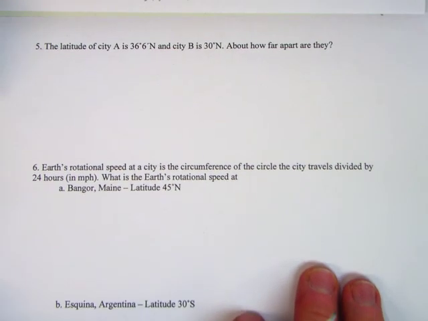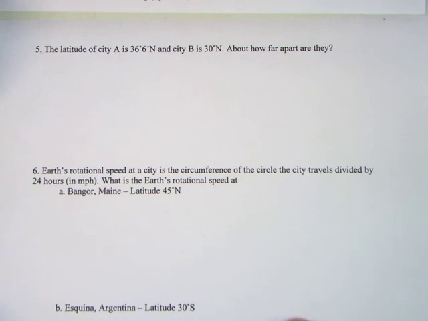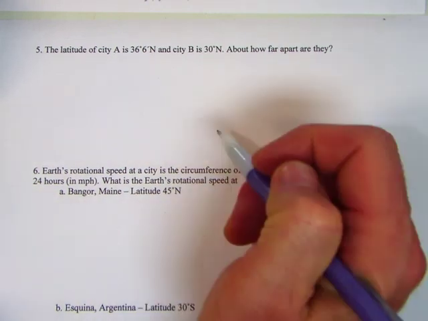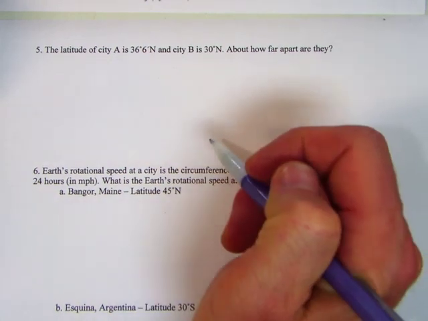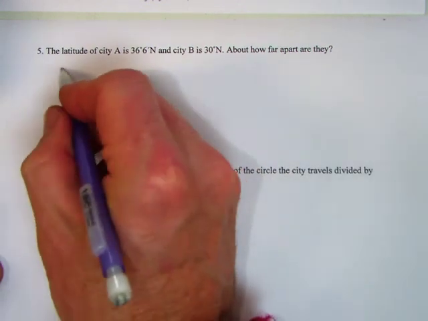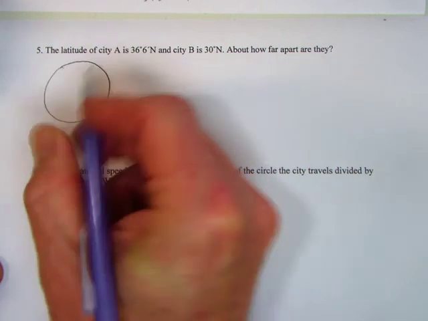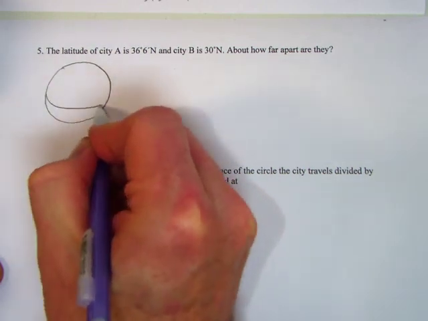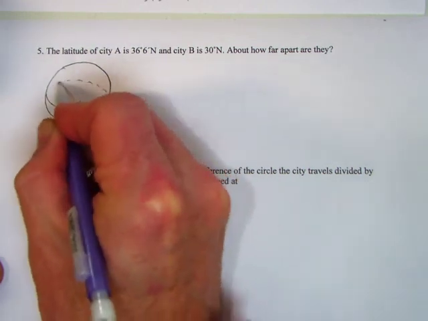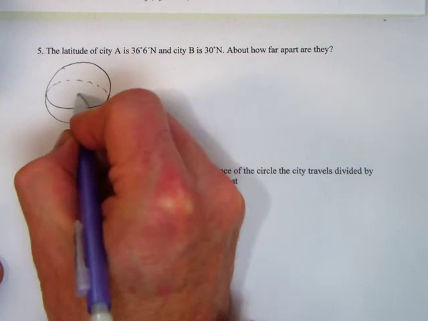The latitude of city A is 36 degrees 6 minutes north, and B is 30 degrees north. So how would we go about doing this? Let's sketch a picture again. We have a circle. We'll draw an ellipse in the middle, make the backside dotted.